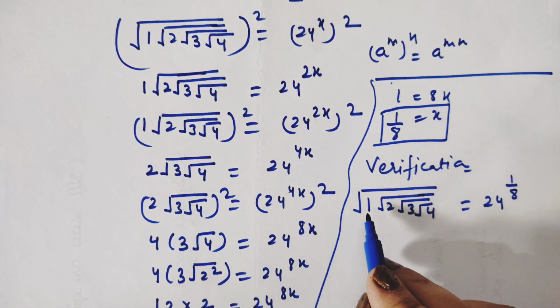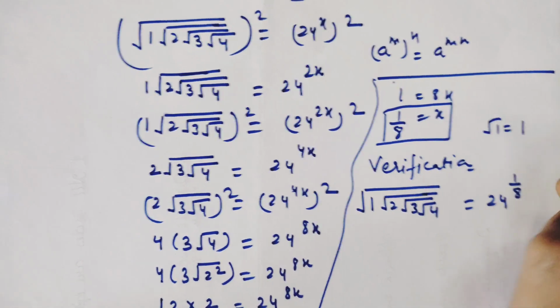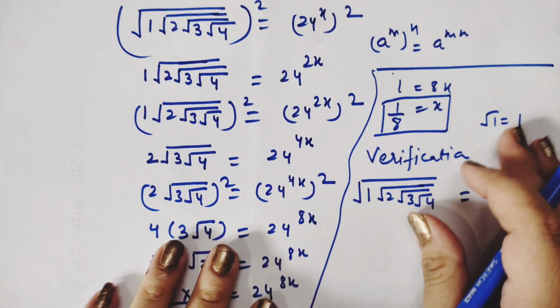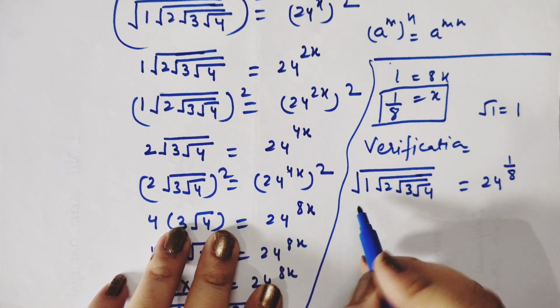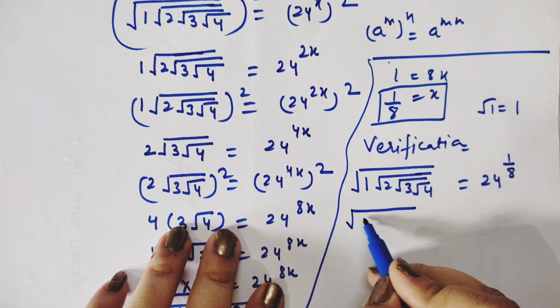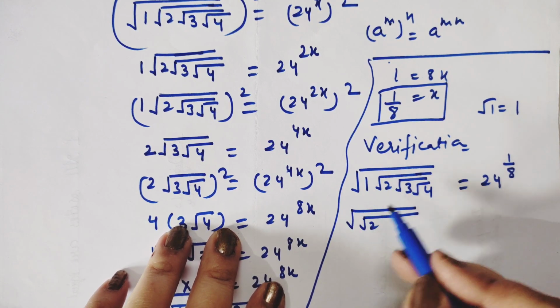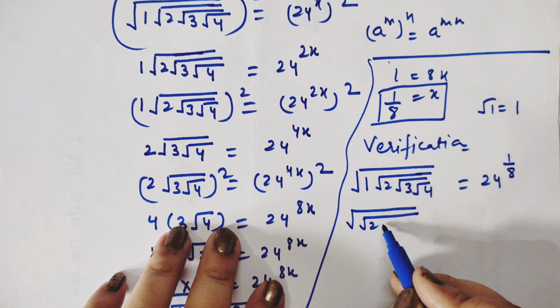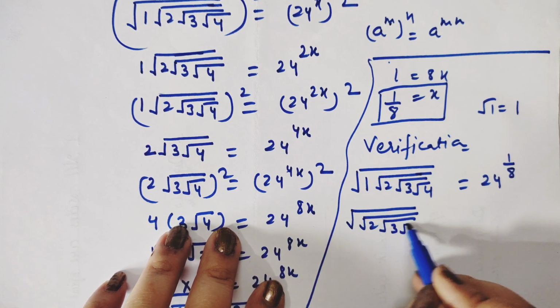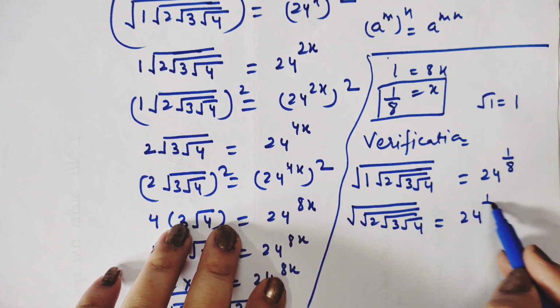Then we will split this root of 1. Root of 1 is always 1. So we have only root 2, then root 3 and root 4, equal to 24 to the power 1 by 8.